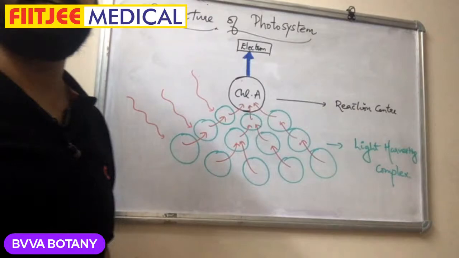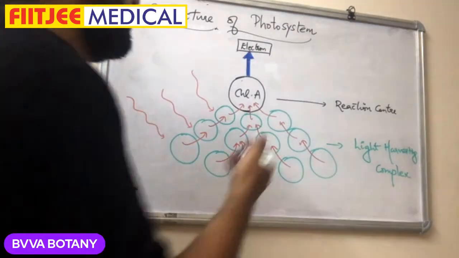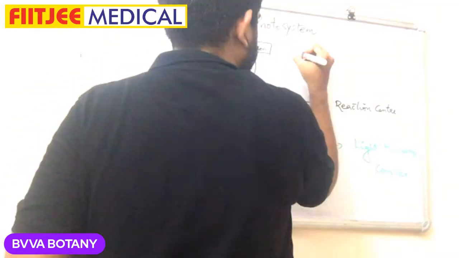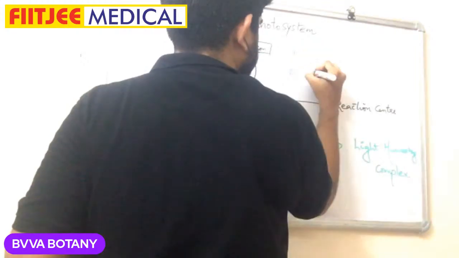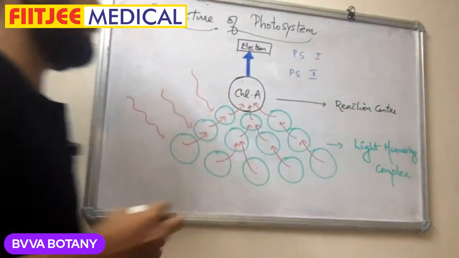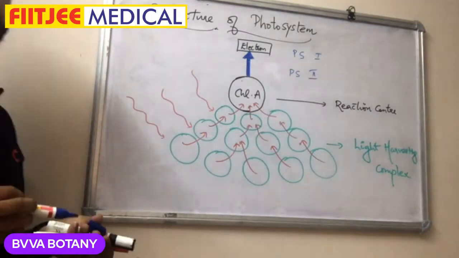Okay. Now, as I said, plants have photosystem 1 and photosystem 2. So what exactly is the difference between them?